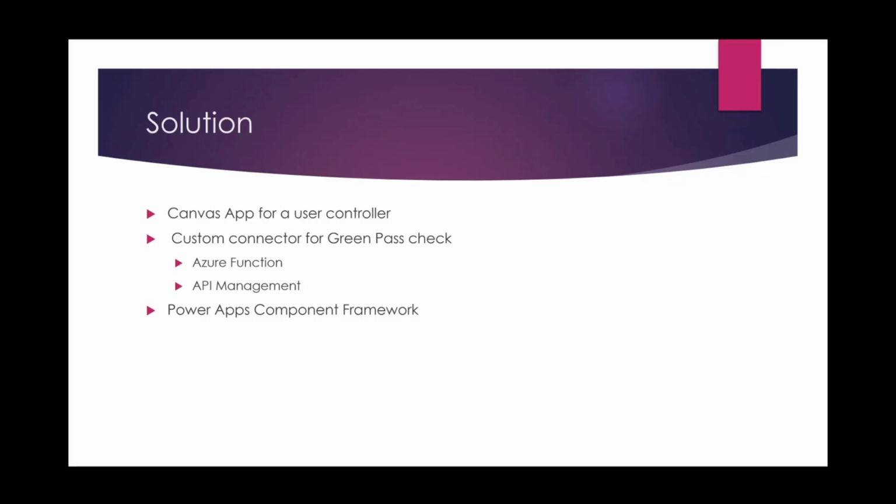The second way: several customers already implemented, for example, a Java web service. Then it's possible to only use Azure API Management as a wrapper of this service, then a custom connector, etc. And the last is to use the Power Apps component framework. Then create a custom component that calls a web service, for example, to check the Green Pass validation.